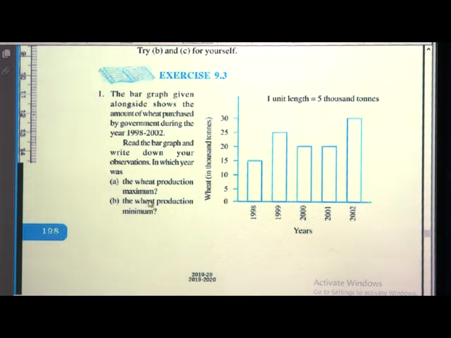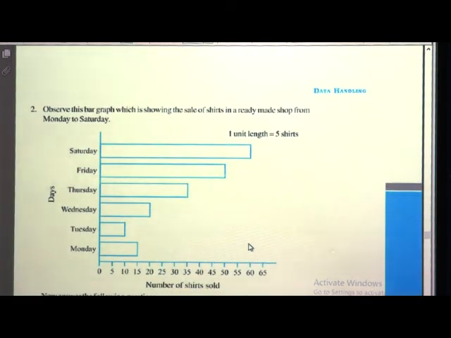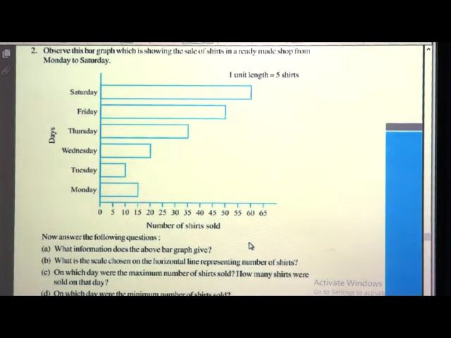Next question, where was the wheat production minimum? See, in the year 1998 the wheat production was minimum, that is 15,000 tons. So here we have studied that when the bar graph is given, by seeing this bar graph visually we can answer the questions. Okay. Let us see the next one.